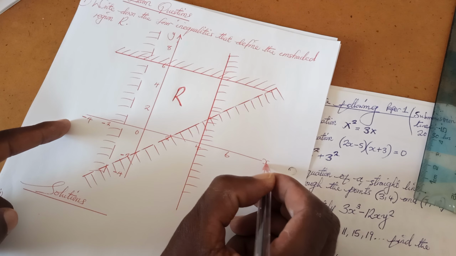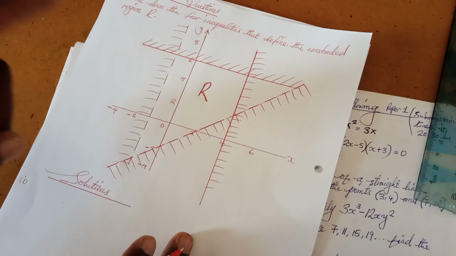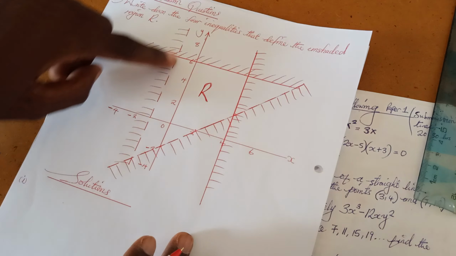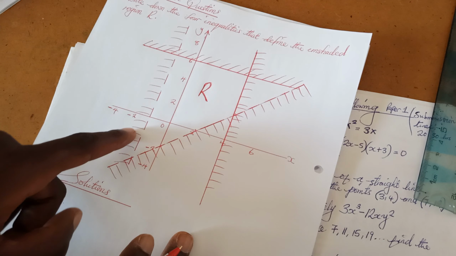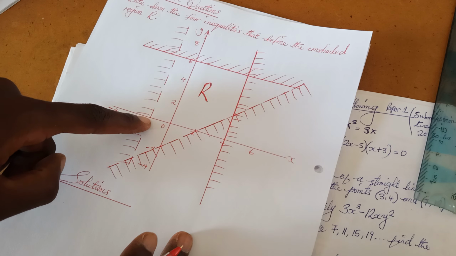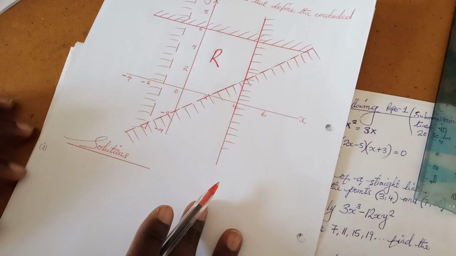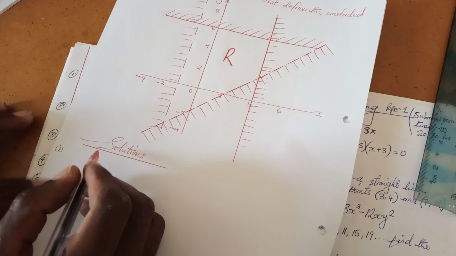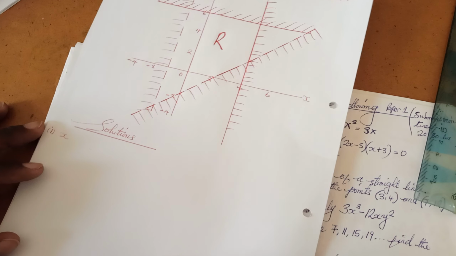So this is x here. Now, you need to ask yourself a question: which axis does this line cut? When you look at this line, you find that it cuts the x-axis. So therefore, you're going to say x.